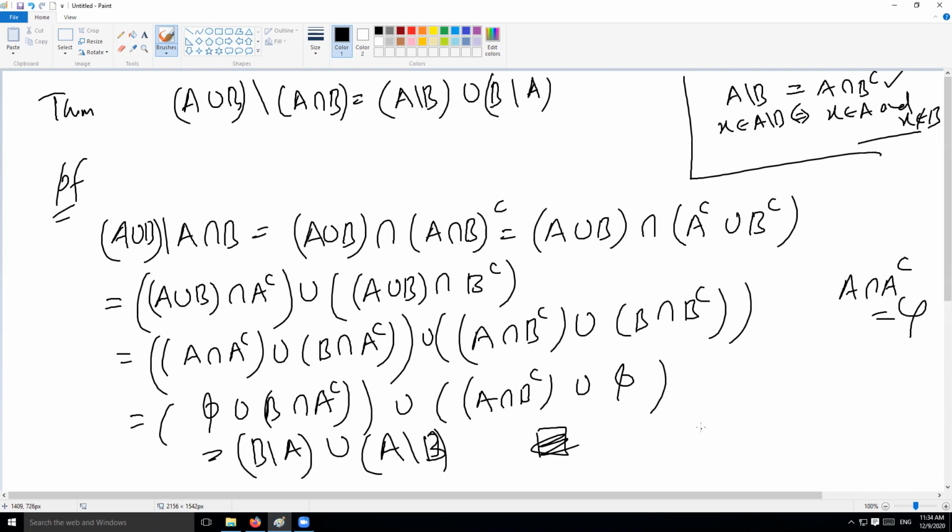Okay, so things can be done in several ways, the proofs. Okay, so this is how you have to prove different things actually. Okay, is there any question in this?